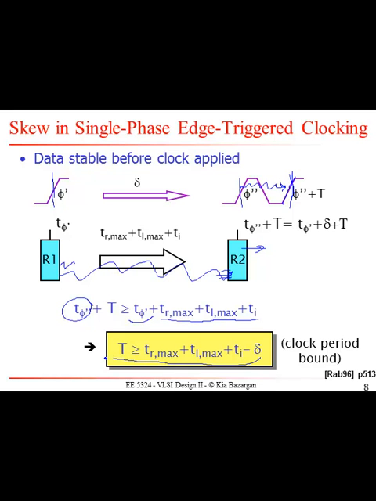So now you have to ask the question, how are these delta values going to affect my clock period, and how are they going to affect my race condition? And one more point that I need to add is that here I assume that your delta is positive, right?